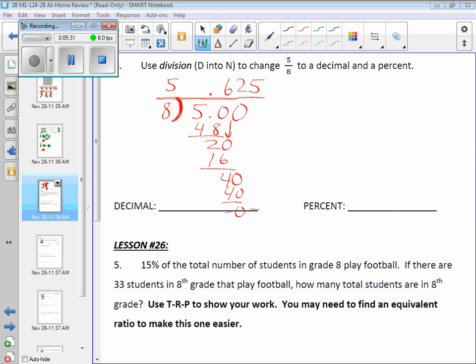We have a 0 remainder with nothing else but zeros to bring down, so we're done. So as a decimal, 5/8 is equal to 0.625. Changing any decimal to a percent, we're going to move the decimal twice to the right, and that's 62.5%.